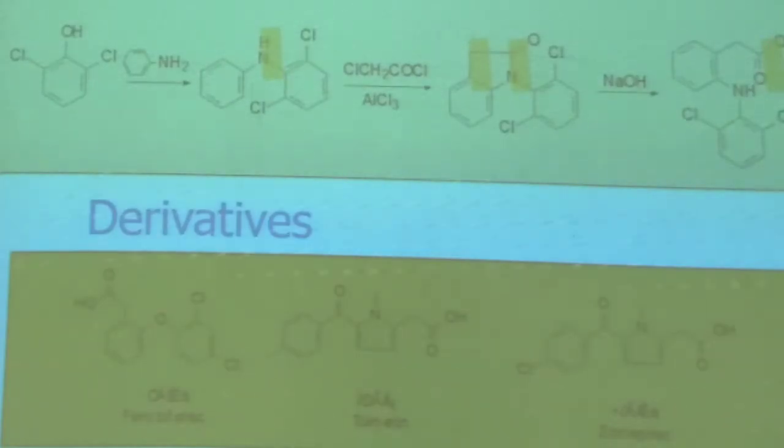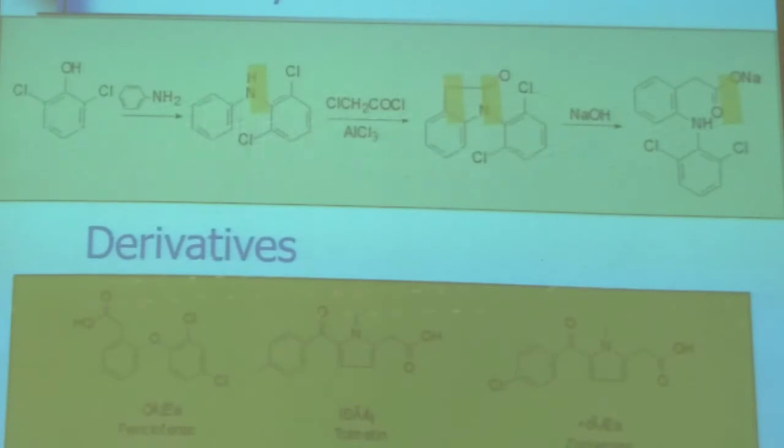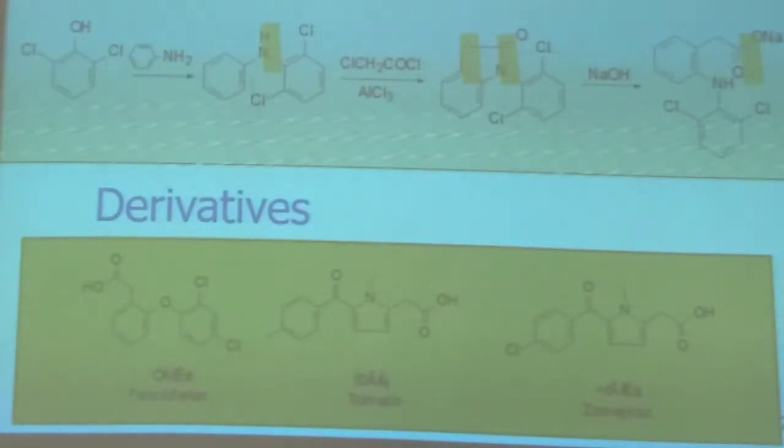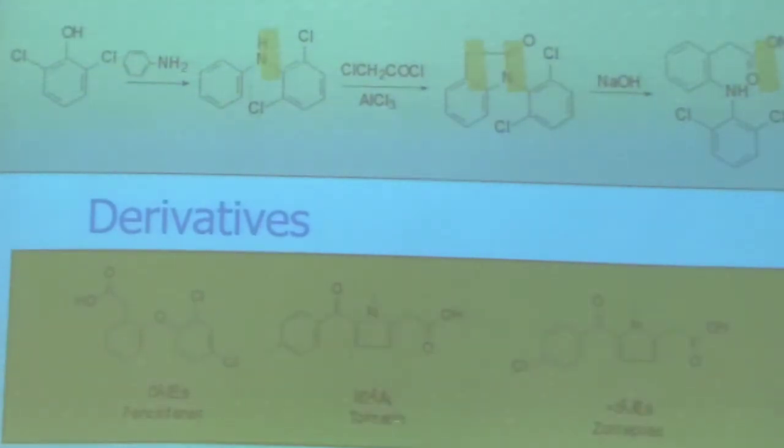Derivatives of diclofenac are fenclofenac, tolmetin, and zomepirac. Fenclofenac contains a phenyl group, that is the dichloro group, the same as is present in diclofenac, but the NH group is replaced with oxygen. The rest of the structure is the same as diclofenac, but that amine bridge is replaced with oxygen in fenclofenac.